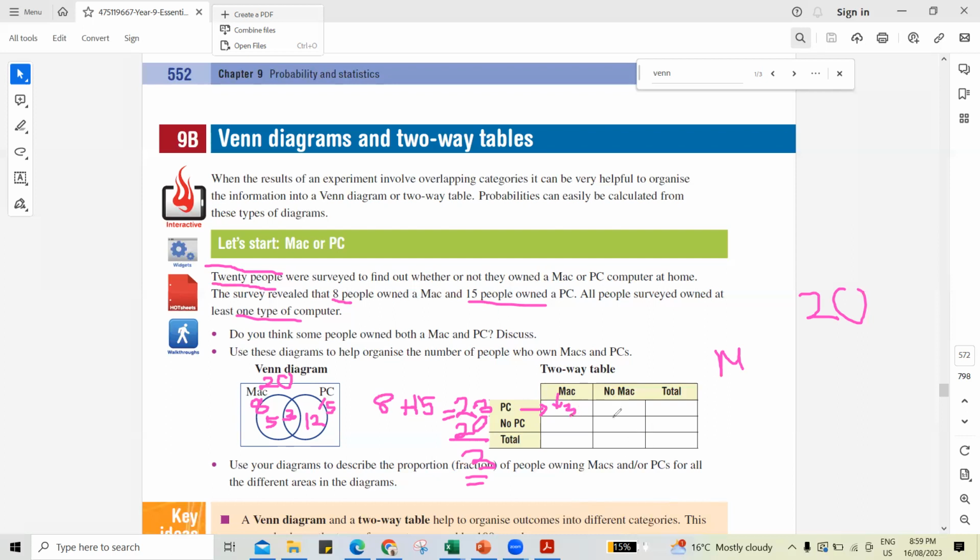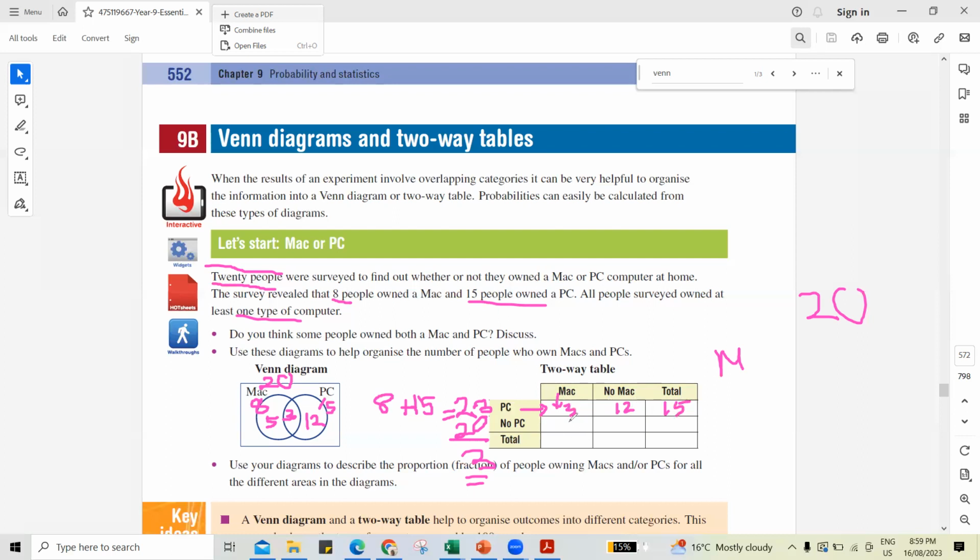And here, no Mac, only PC. That will be 12. No Mac means only PC. And 3 plus 12 is 15. This line, 15.